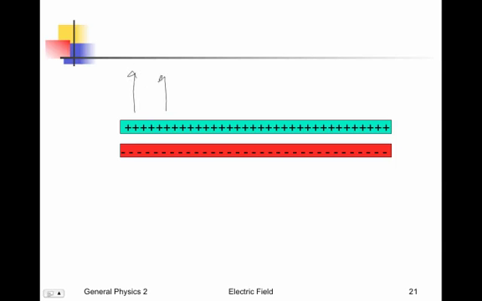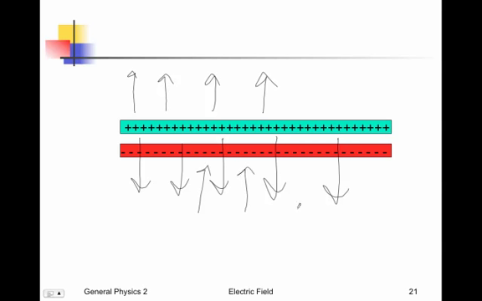It would point away from the plates over here. Now if I think about the negative plate, my field is going to point like this.